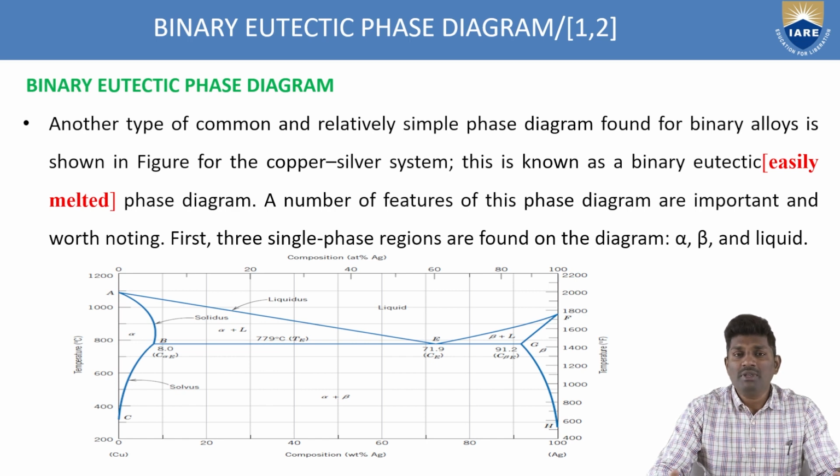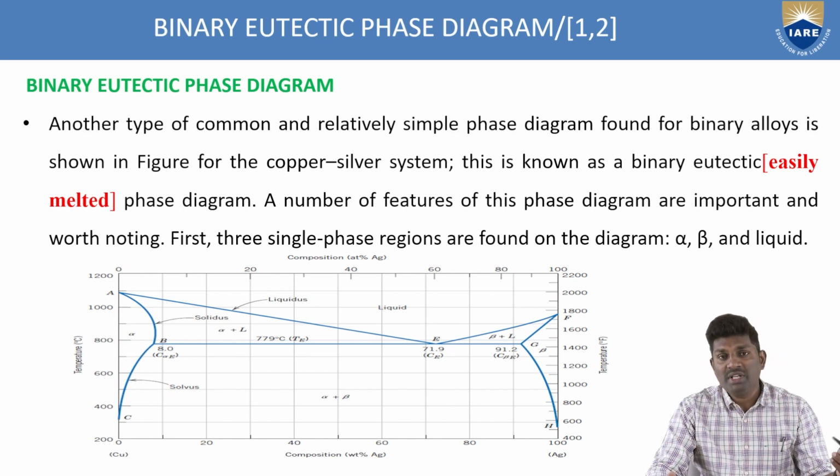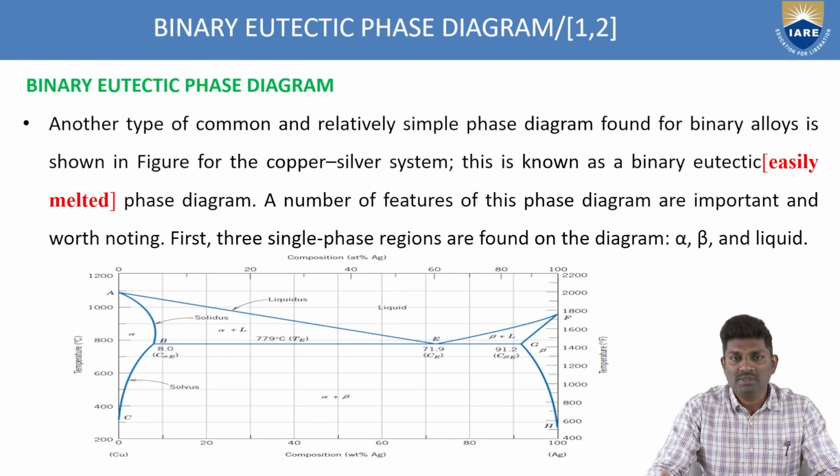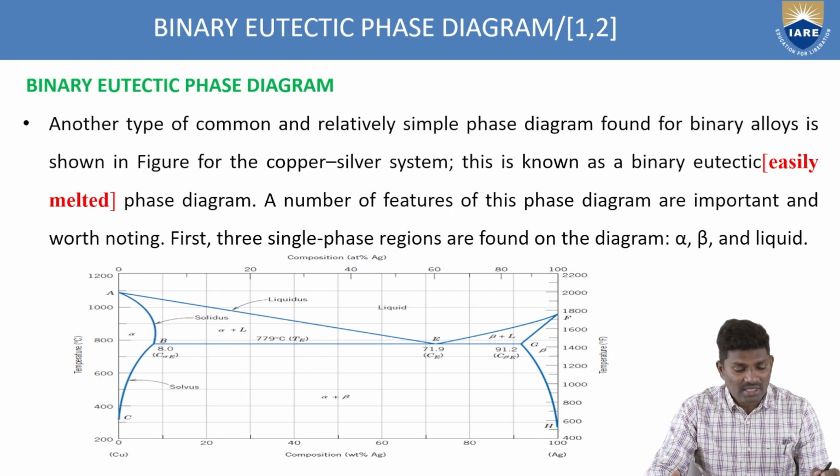What are the different phases present in this eutectic system of copper and silver? First, three single phase regions are found in the diagram: alpha, beta and liquid. These are the notations we have discussed in previous sessions, and they represent single phases.